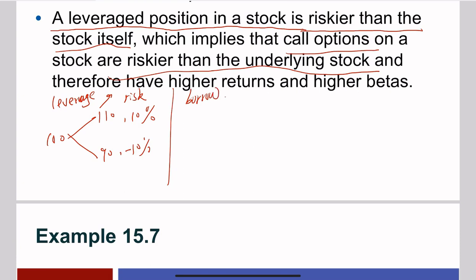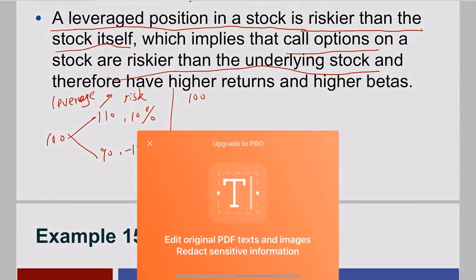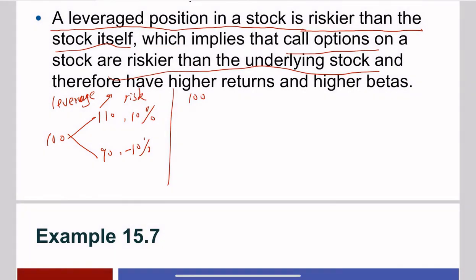Let's say you have $100. If you don't borrow money, you could only buy one share. Now you borrow an additional $100, so you have $200. Let's assume the interest rate is 0, just for simplicity. So now you can buy 2 shares.